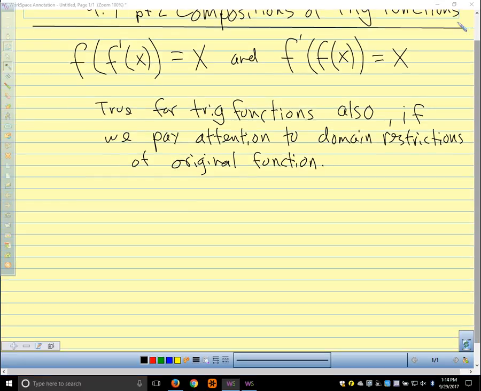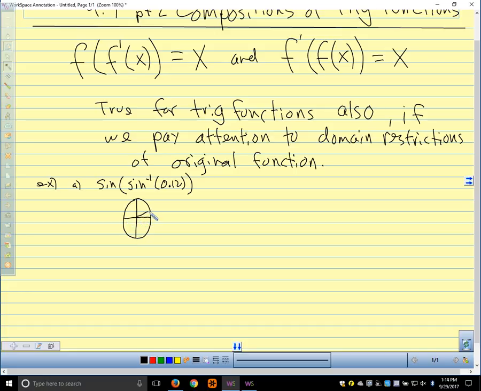So I want to go through a few examples to illustrate what we're talking about. All of these, we're just evaluating. Let's do A. We want to find the sine of the inverse sine of 0.12. In the parentheses here, we have the angle whose sine is 0.12. Let me draw a picture.